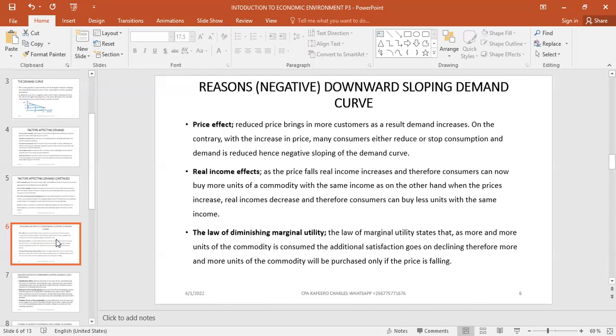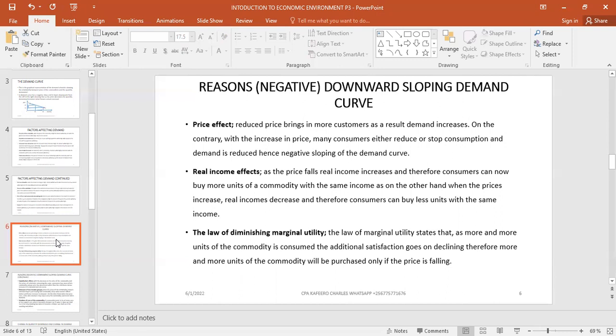And on the other side, when the price increases, more customers are going to stop the consumption, or they are going to be consuming the item but reduce the quantity they have been purchasing. When they reduce the quantity they are purchasing, we expect that the demand is also going to be low. When the demand is low, that factor is going to be causing the demand curve to slope in a negative way.